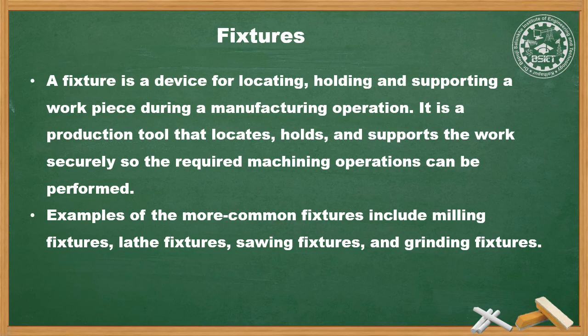Fixtures are normally designed for a definite operation to process a specific workpiece and are designed and manufactured individually. Jigs are also similar to fixtures, but they not only locate and hold the part but also guide the cutting tool.